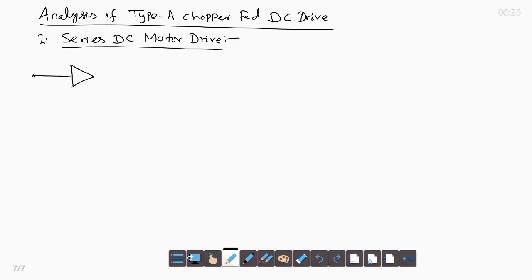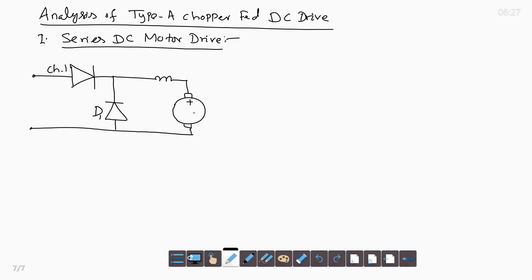You have a chopper switch here, and you have a freewheeling diode D1 across the output. This is the instantaneous back EMF EB, this is the instantaneous armature current IA, and CH1 and D1 comprise the chopper. You have the voltage applied V, this is the motor voltage VA, and this is the inductance L. So this is a series motor.